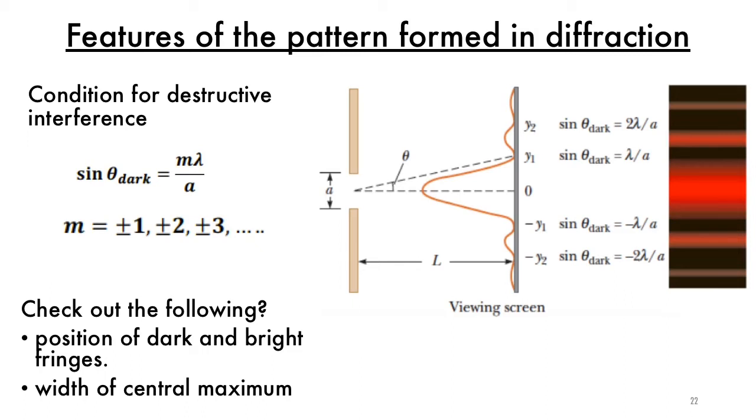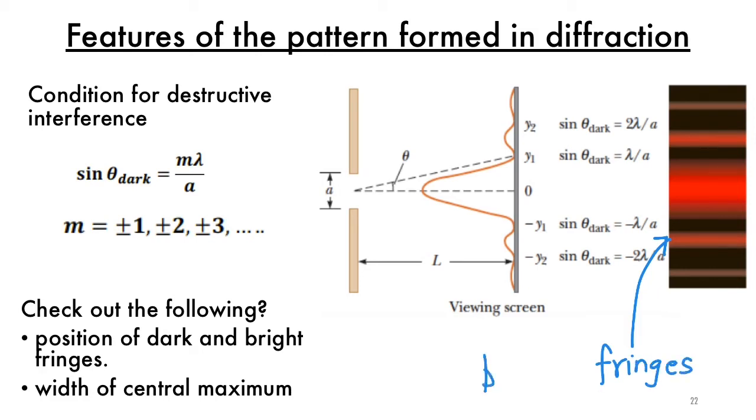Let's check the features of the pattern formed in diffraction. Again, we have got the same diagram which we used before, and the pattern is shown here. We are going to use the word fringes to define the pattern. These bright spots and dark spots which we see are called fringes.